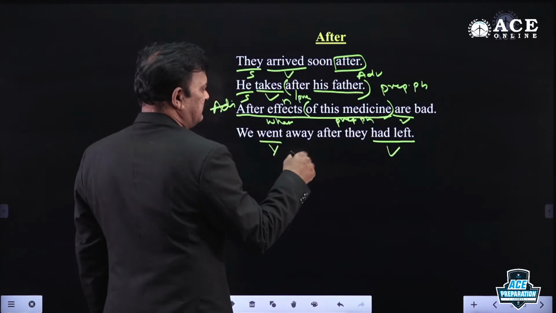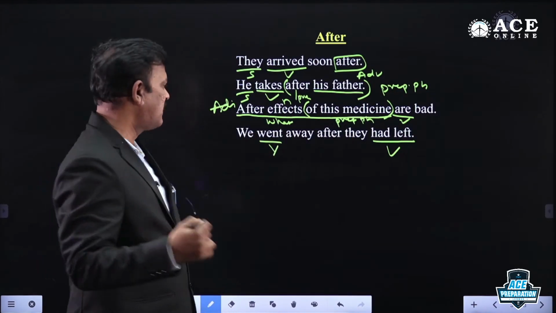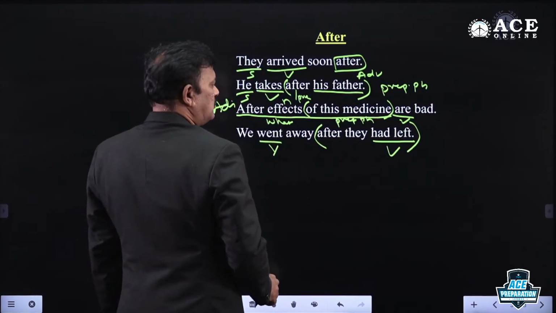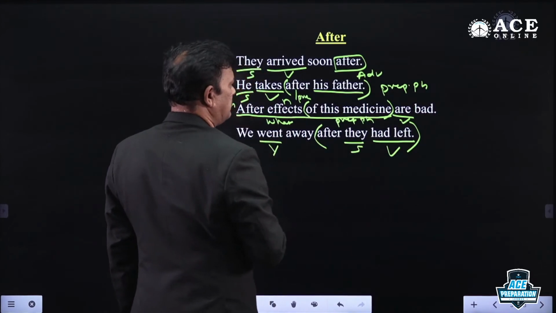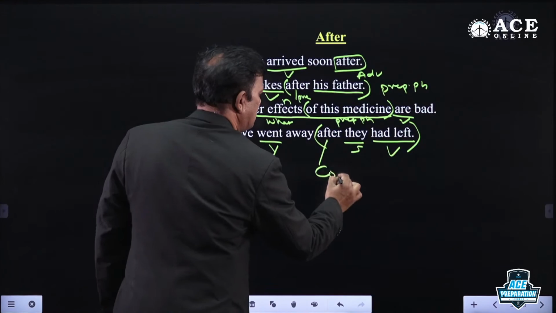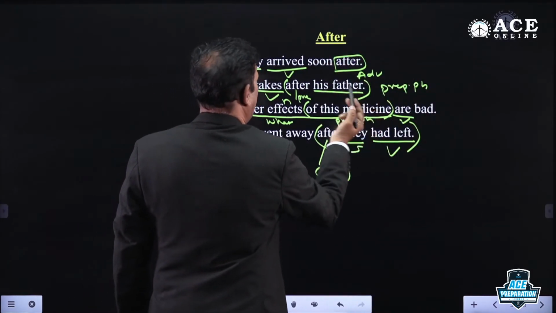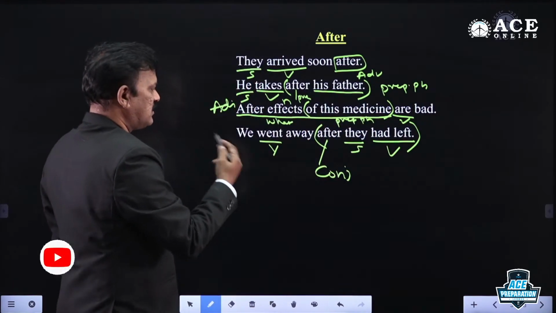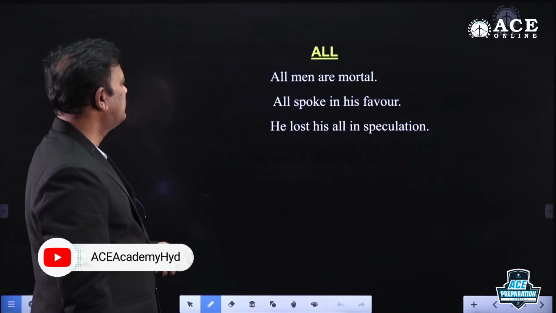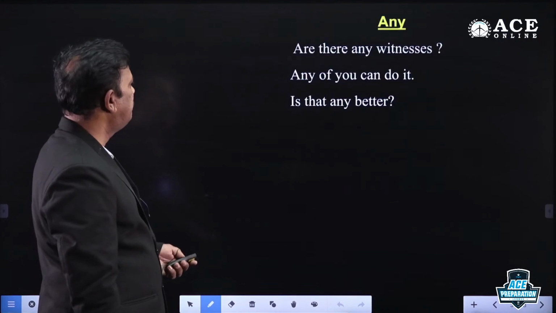So where's the conjunction? Two verbs means I immediately check for conjunction. So I have the subject here. Has to be conjunction, adverb, preposition, adjective, conjunction. Have you got this? We'll see. Don't worry.